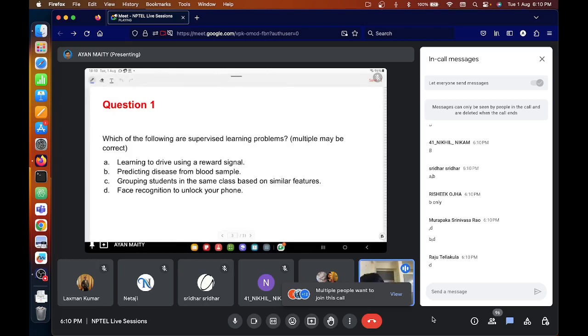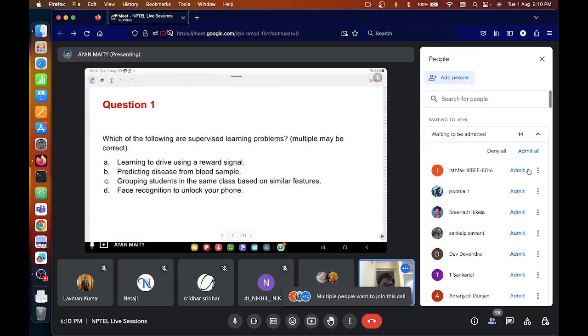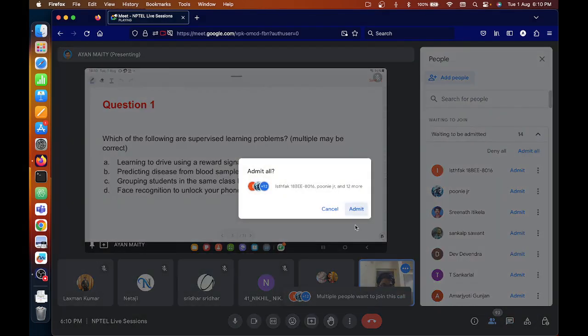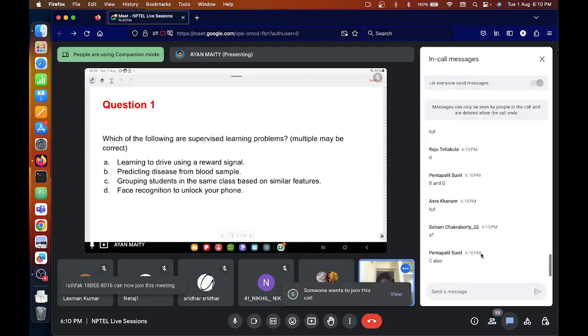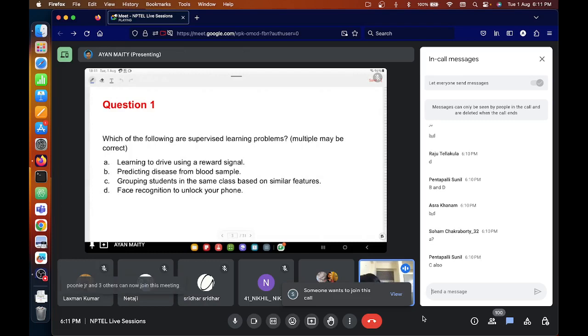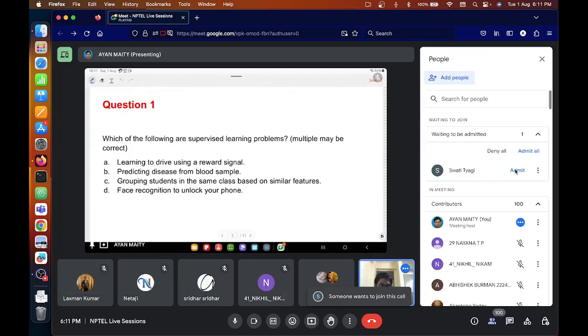Does anyone think any option other than B and D would be correct? Soham Chakravarti has written A, which is learning to drive using reward signal. Okay. Sunil has written C also. Okay, I've got almost all the options as answers in the chat already.